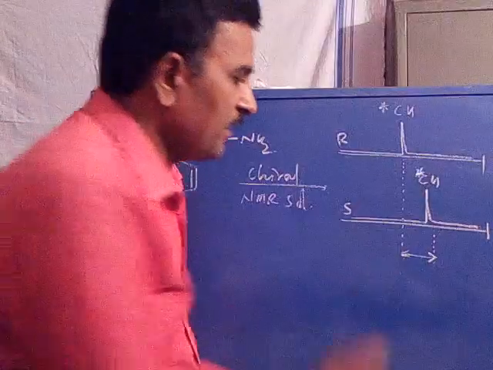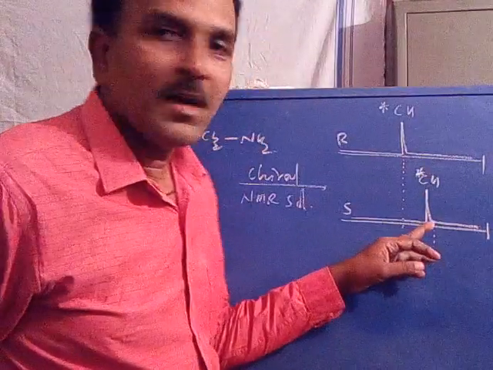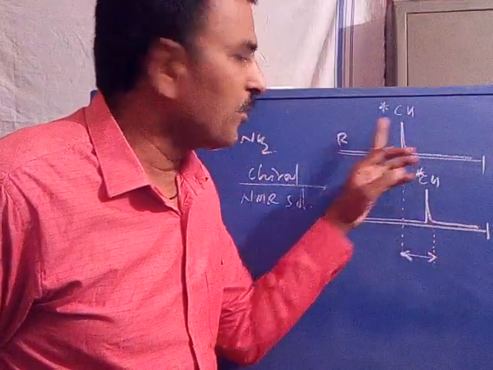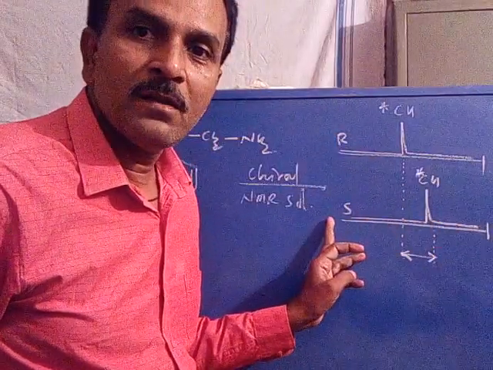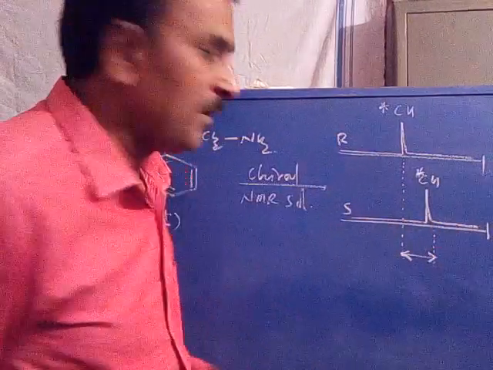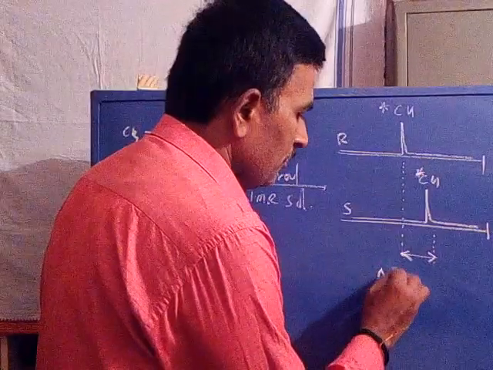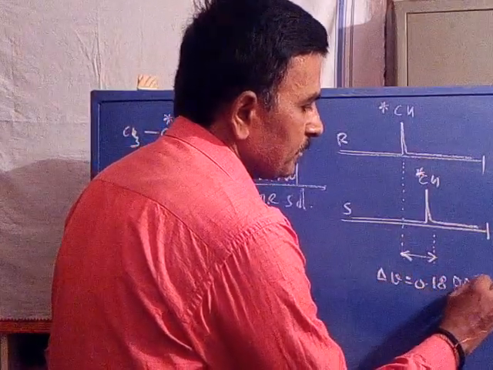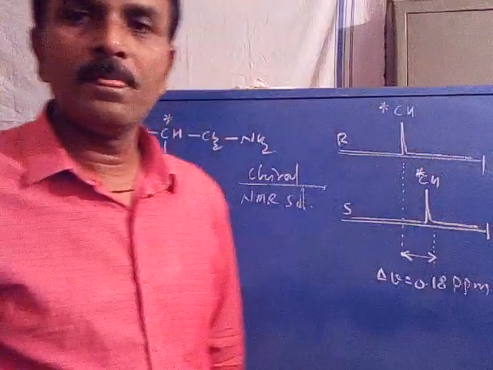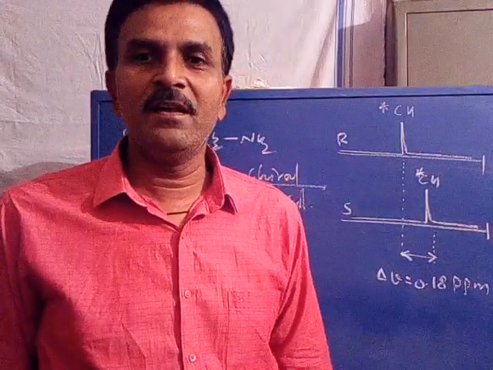The difference between the absorption frequency of the CH proton of R isomer and the CH proton of S isomer will be 0.18 ppm. Delta nu is equal to 0.18 ppm. Therefore, they may be discriminated.